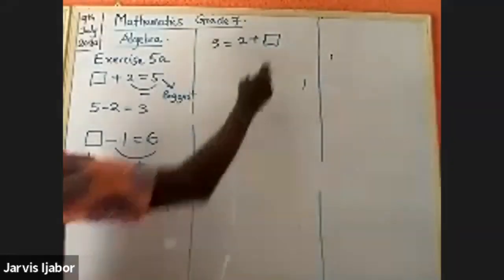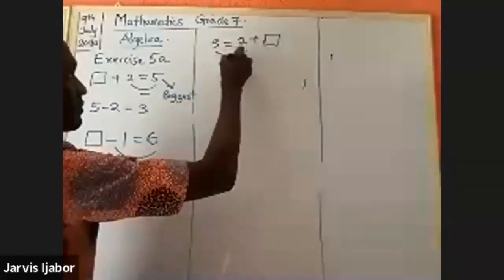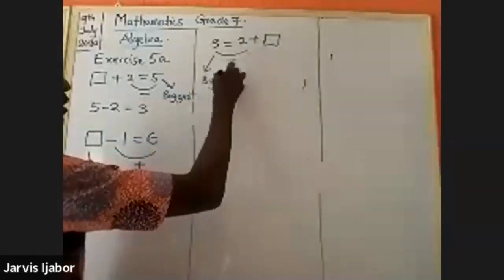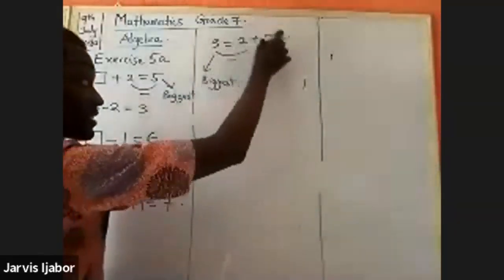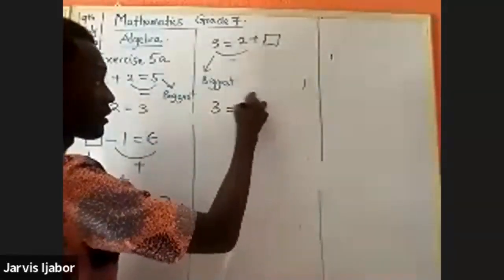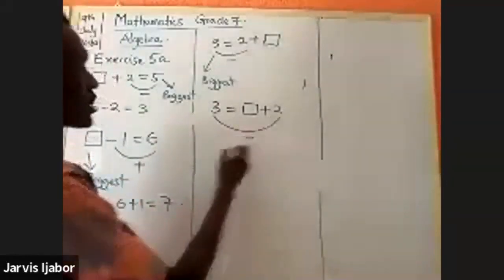Now, irrespective of where this one is, I am subtracting. Irrespective of where this is. So if I've written this to be this, I'll still be subtracting.